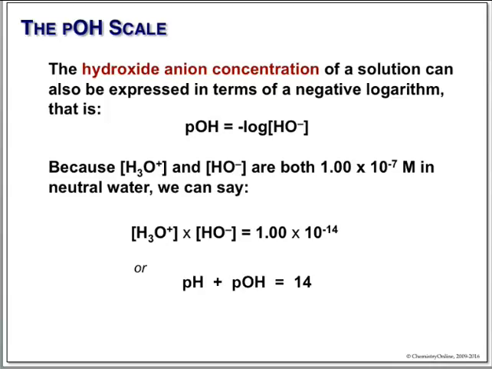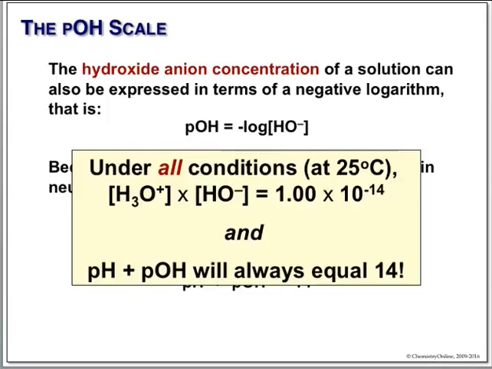If we take the two actual concentrations, 10 to the minus 7 and 10 to the minus 7, and multiply them together, we get 10 to the minus 14. This gives us a very powerful tool here. Pay attention to this one. Under all conditions, in aqueous solution, hydronium concentration multiplied by hydroxide must equal 10 to the minus 14.